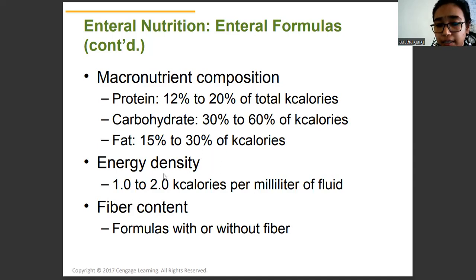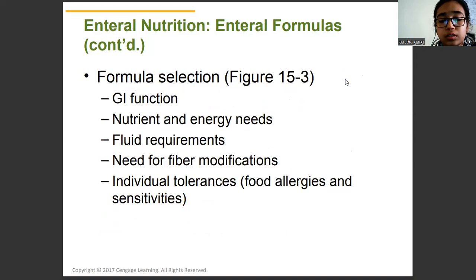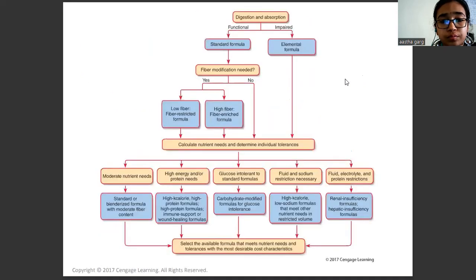This is the density of the liquid or the fluid in which the formula is made. Fiber content would be minimal or without fiber. This is the osmolarity of the formula that is taken into consideration.